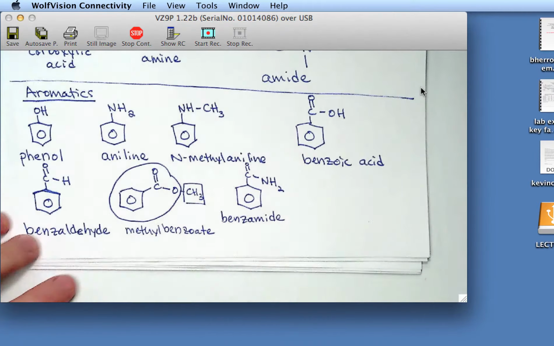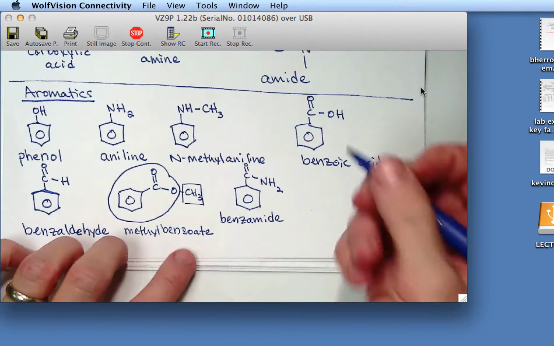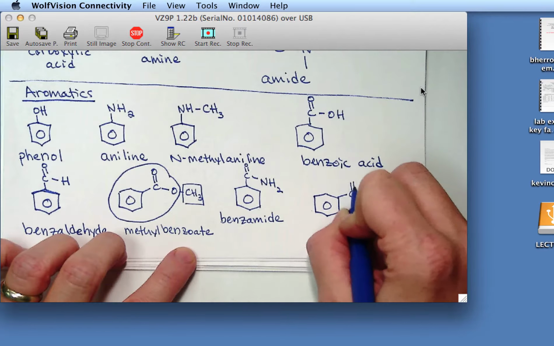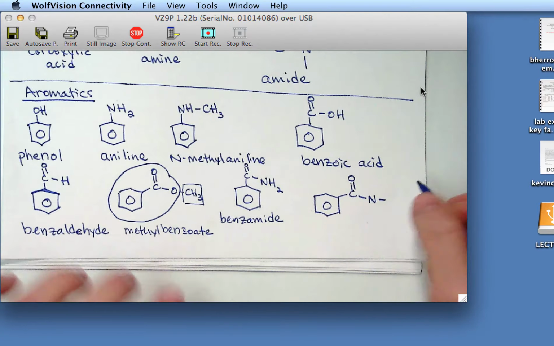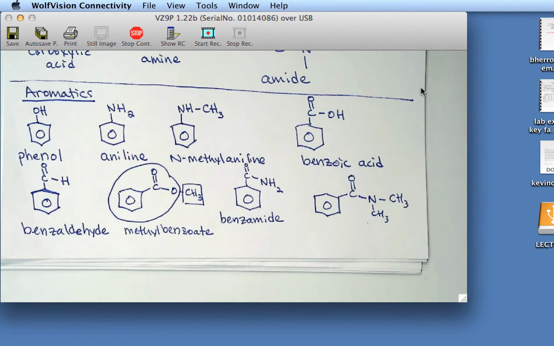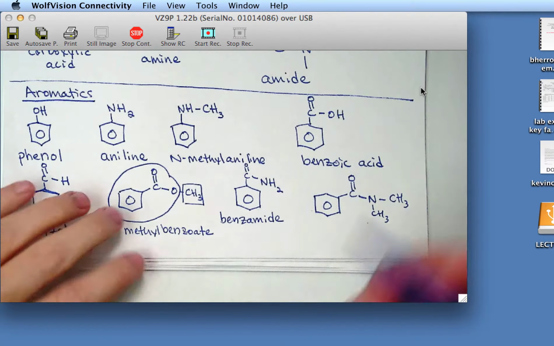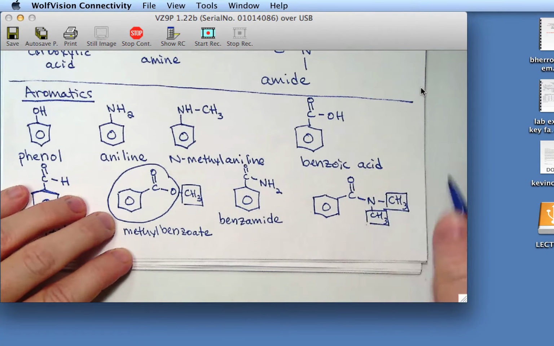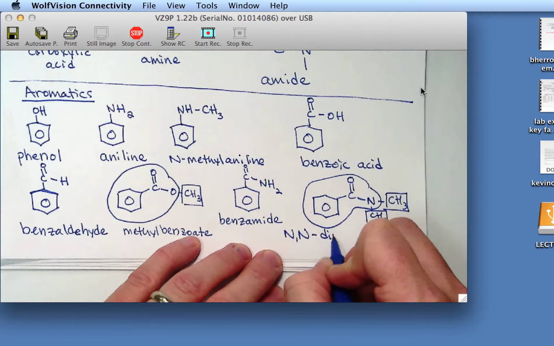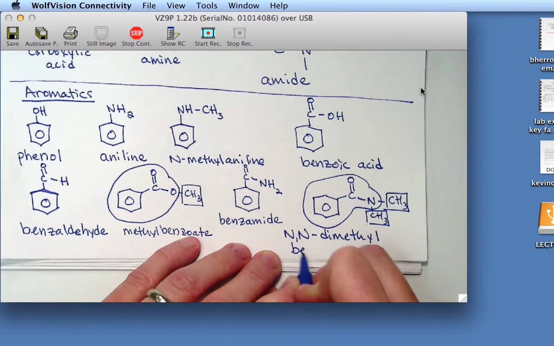That's benzamide. And then dimethyl. Yes, excellent. N,N-dimethyl benzamide.